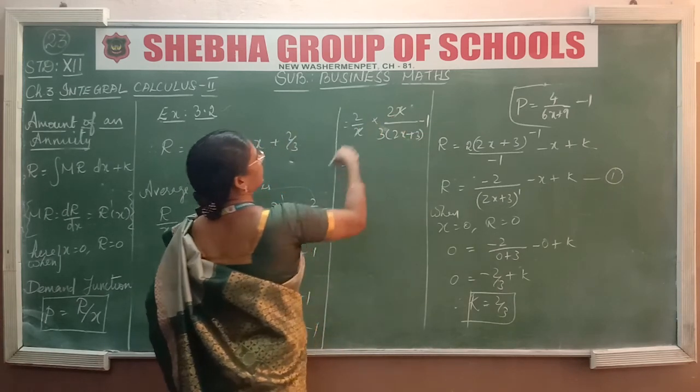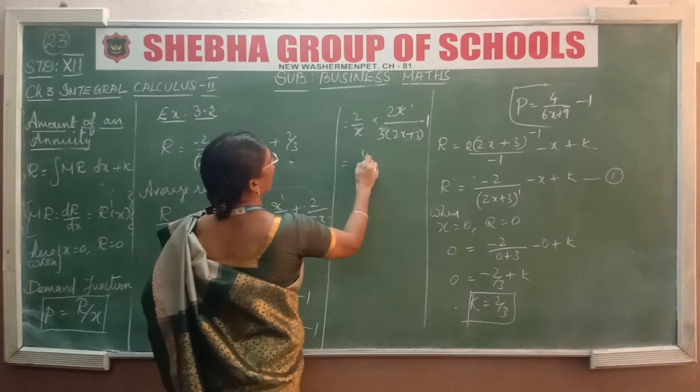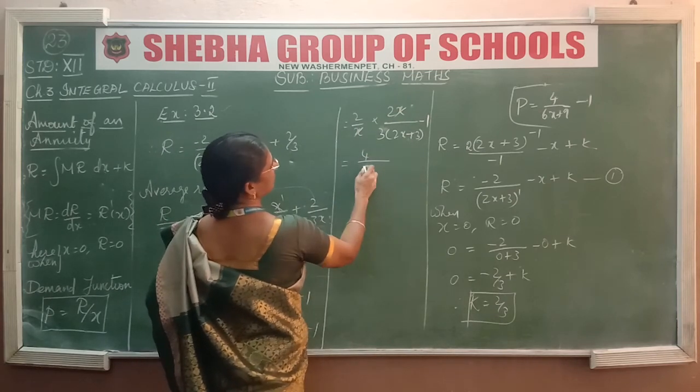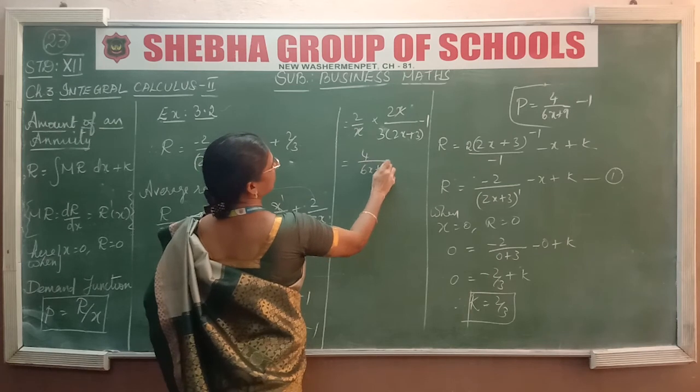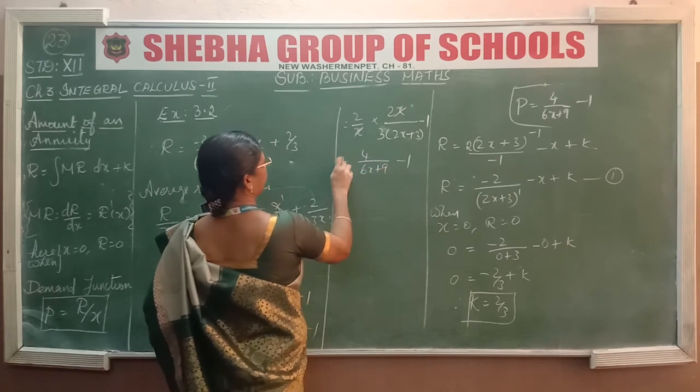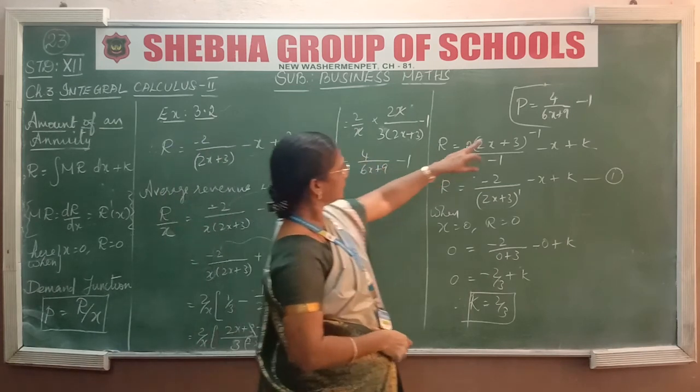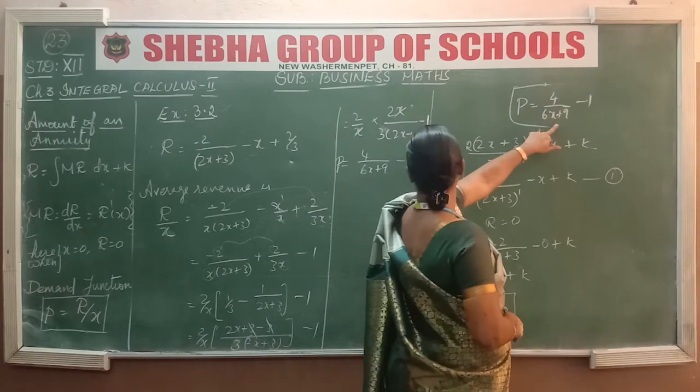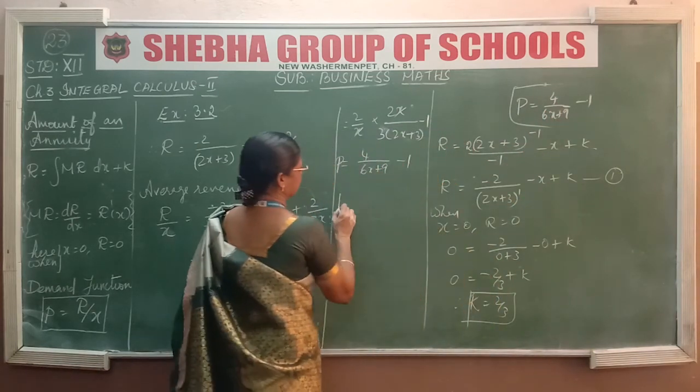Now cancelling x, we get 4 by 3 into (2x plus 3), which becomes 6x plus 9, minus 1. This is our P. This is equal to 4 by 6x plus 9 minus 1, isn't it? Hence the proof.